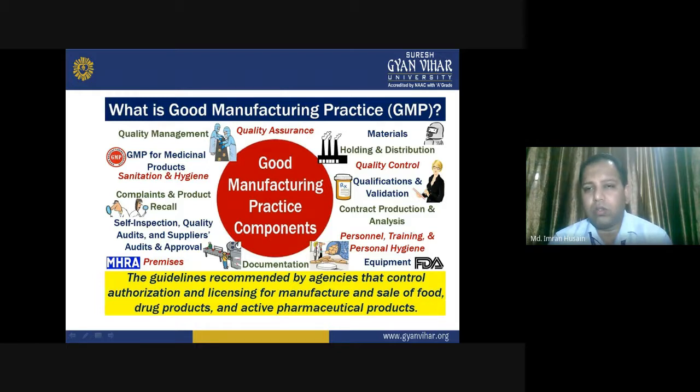Then quality control, qualification and validation. Every time they have to see that every product is produced according to the GMP components, and everything is being followed accordingly. So in qualification and validation, if the Department of Quality Control is not passing the product in testing, it will not proceed towards the production facility, whether it is a finished product or a raw material.